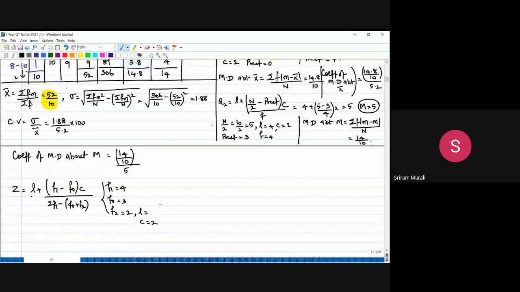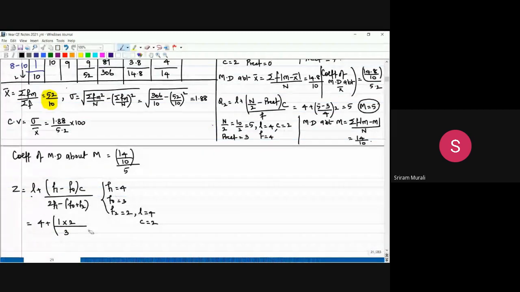First, have you understood this mode? Yes, sir. So substitute in the formula: L plus F1 minus F0, 1, into C is 2, divided by 3, because 2 times F1 is 8, F0 plus F2 will be 5, and 8 minus 5 will be 3.